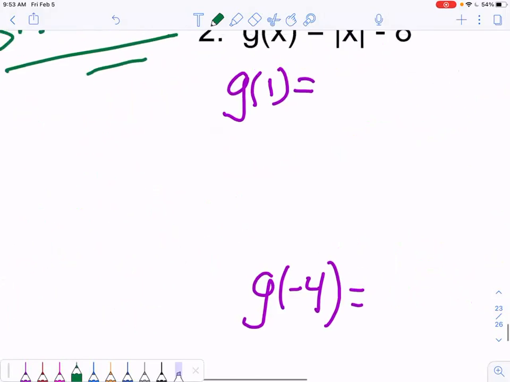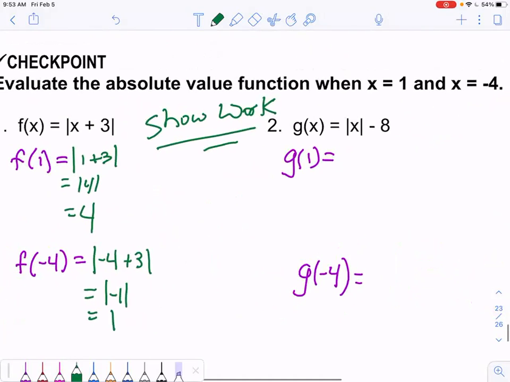Josh, what did you get for g of 1? I'm working on that one right now. Okay. So we can do it together. You get the absolute value of 1.